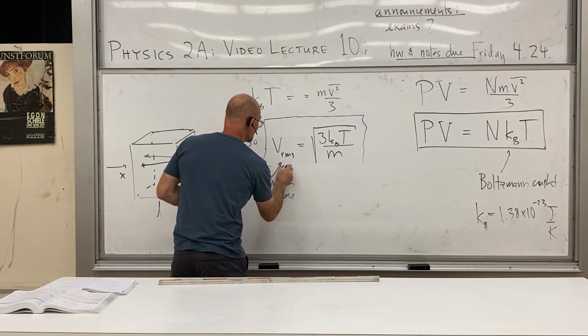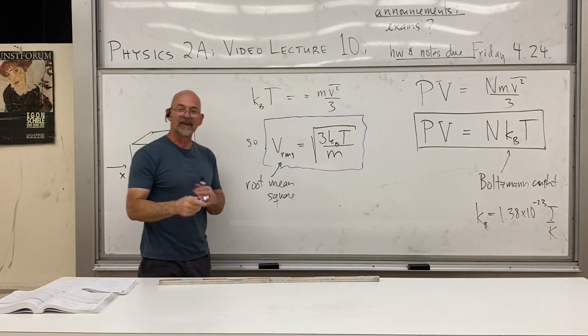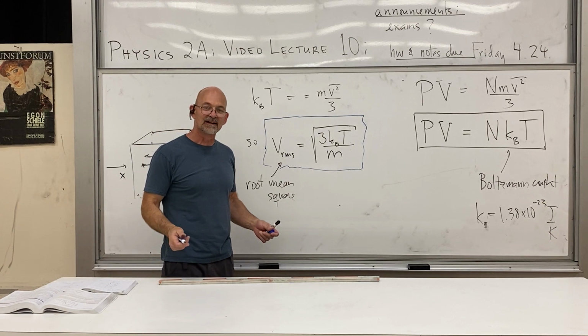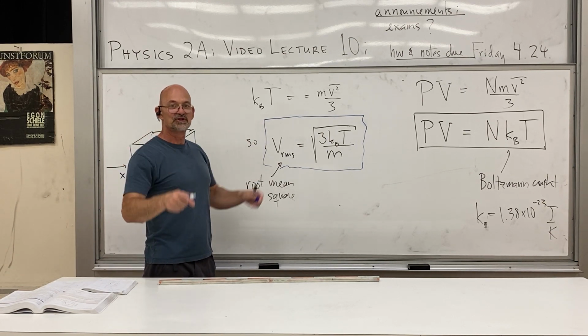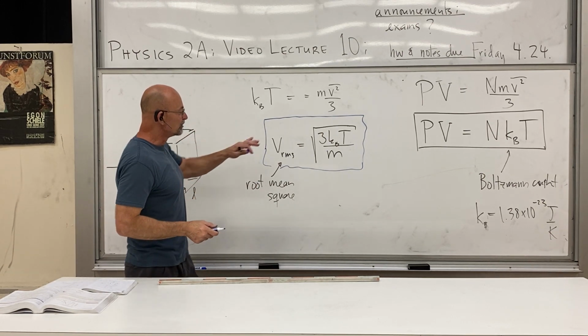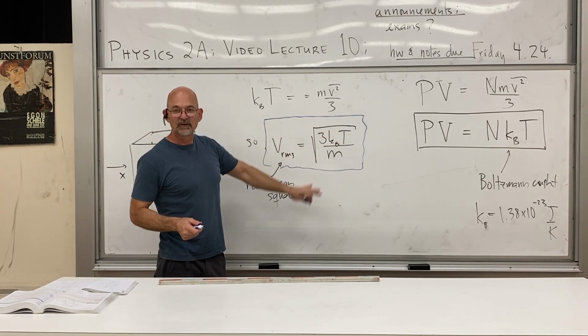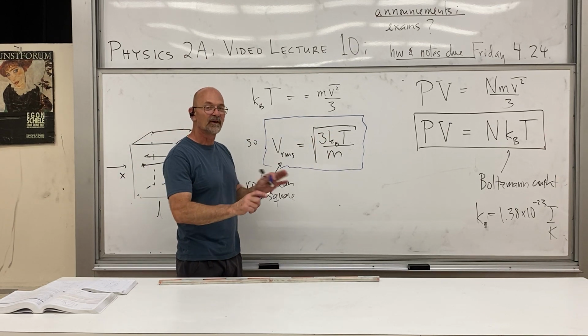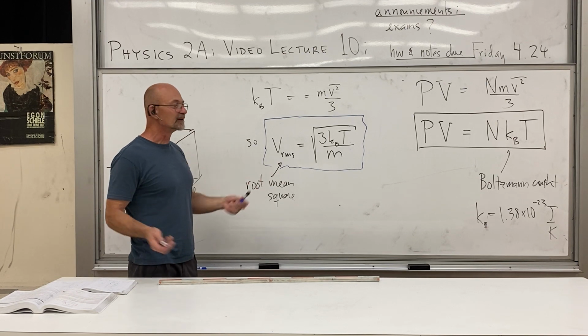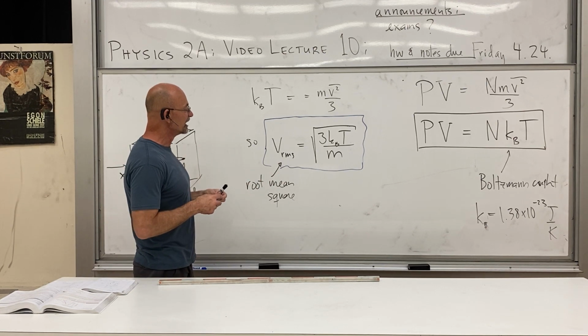What you'll find is that gas particles at room temperature, so the gas particles in the room that you're standing in, oxygen, nitrogen, what have you, will be moving at speeds of hundreds of meters per second. They're moving very rapidly, even though we don't see them or feel them. They're buzzing around, so to speak.